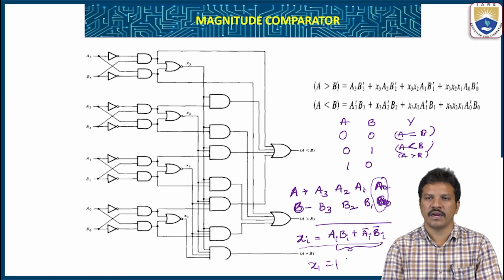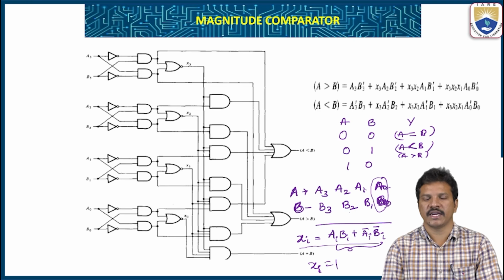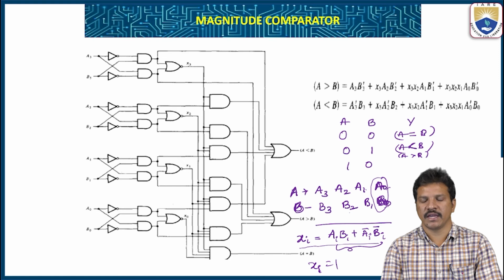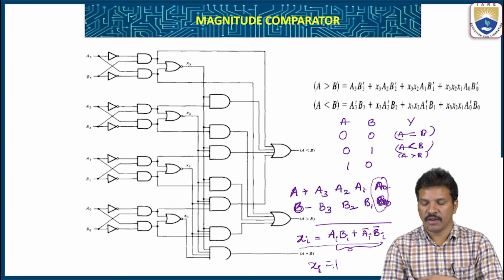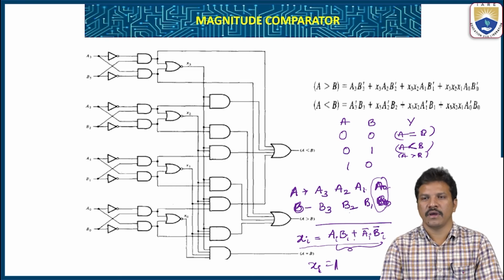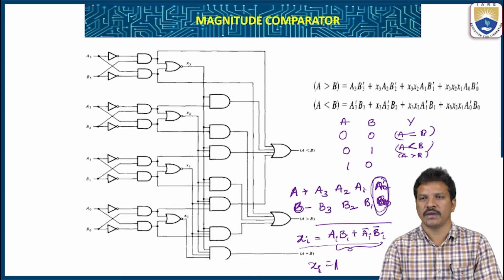By implementing with these XNOR gates and connecting them entirely to an AND gate, we can define that comparing those 4 bits, if all are equal, x0 is 1, x1 is 1, x2 is 1, x3 is 1.